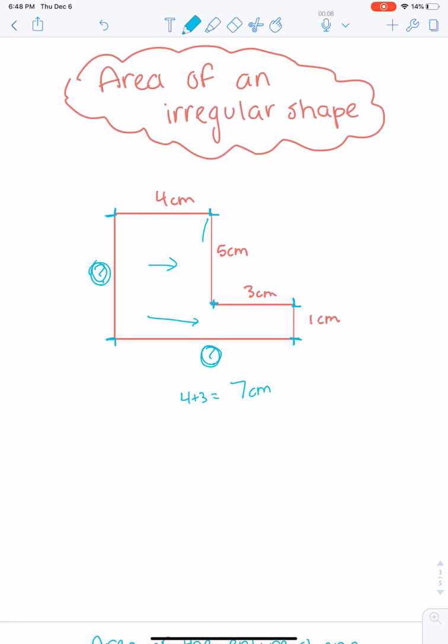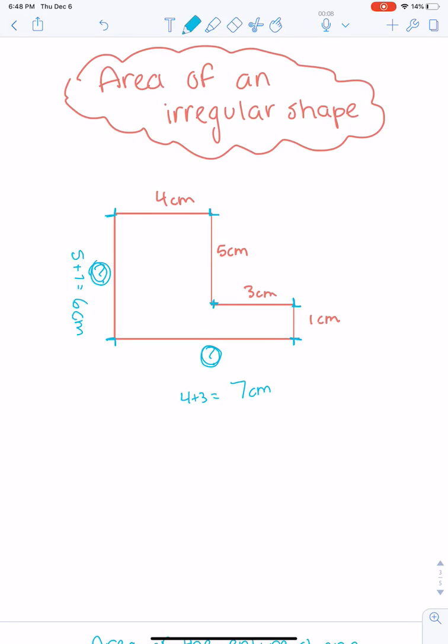So I'm going to take my 5 centimeters plus my 1 centimeter, and that gives me my missing side of 6 centimeters. I'm going to erase that to make it a little easier. If you need to rewind and see what I did, you're absolutely more than welcome.